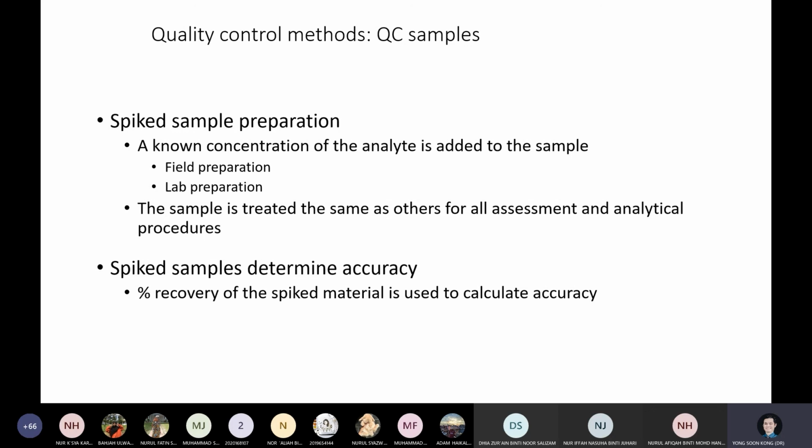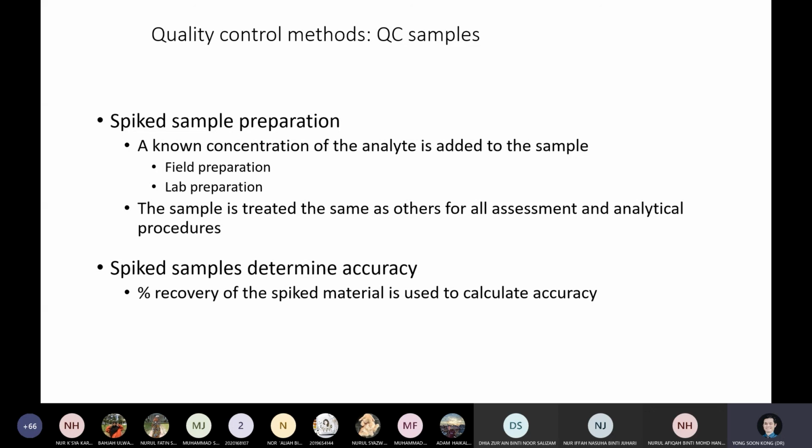But don't worry, because if you haven't learned, then you should now. Because in order to determine accuracy, it's compulsory for you to determine percent recovery, and usually the percent recovery that we prefer is 99%, because 99% means if you put 100 ppm, you get 99 ppm, for example.